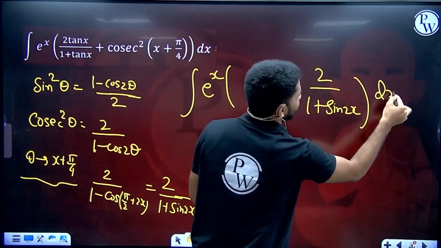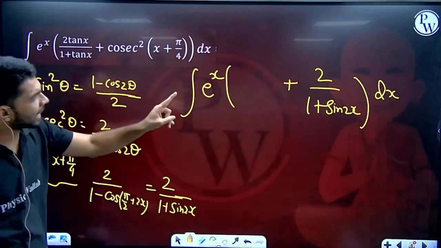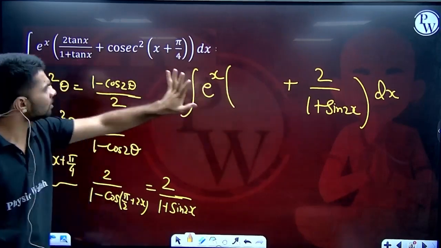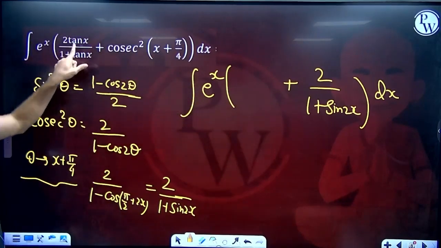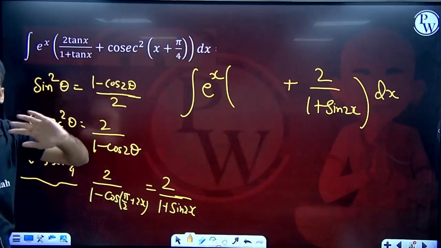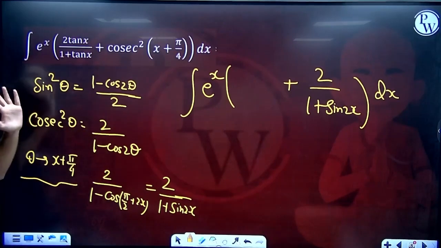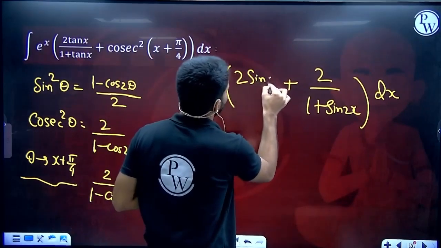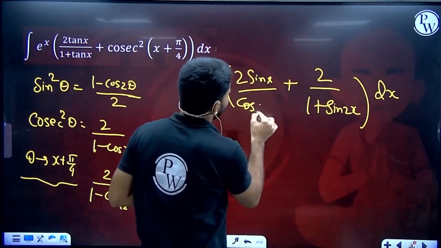Now I have got an idea again. Since it is a function in sine, why not convert this tan into sine upon cos? Convert it, you will get 2 sine x upon cos x plus sine x.